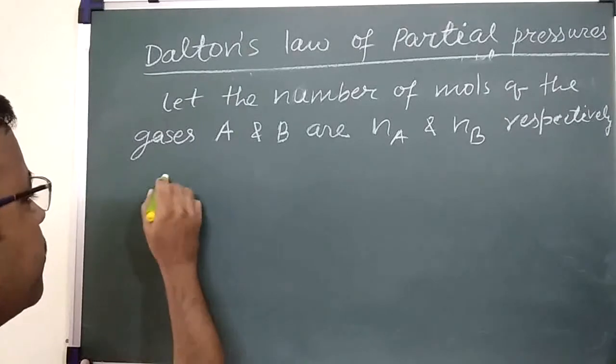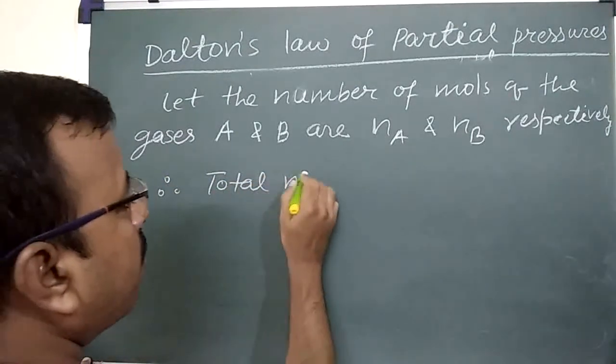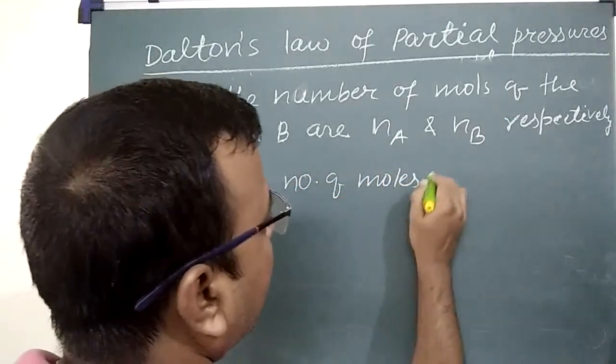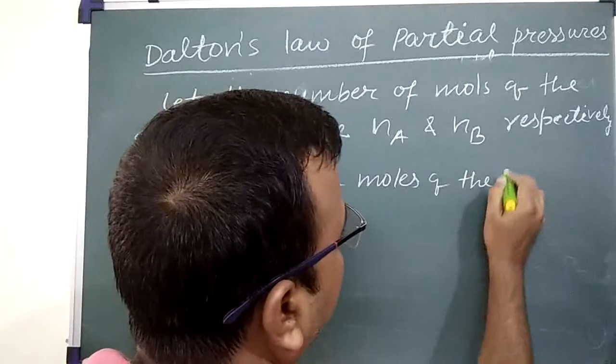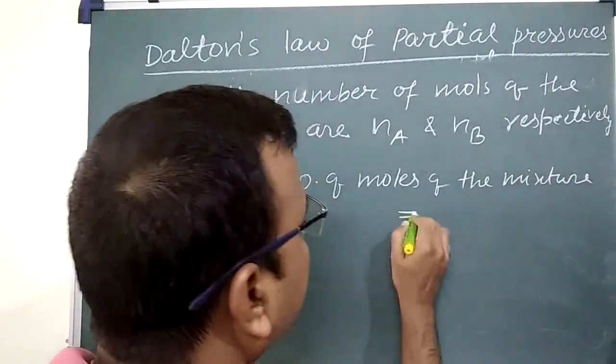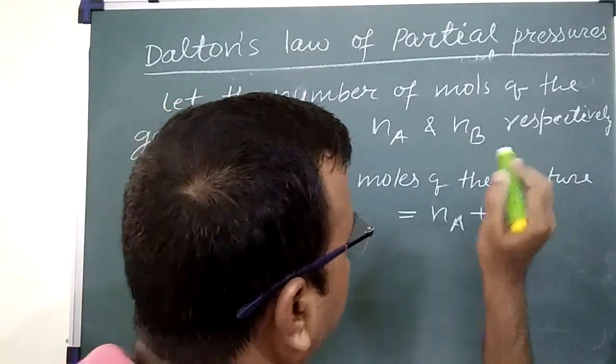Therefore, the total number of moles of the mixture. What would be the total number of moles? Na plus Nb.